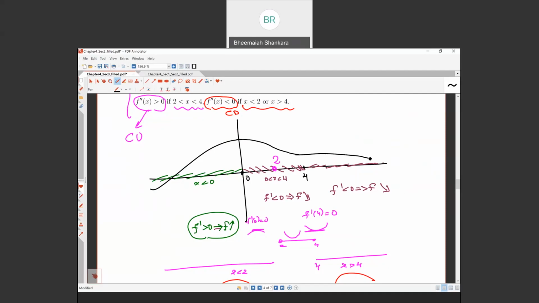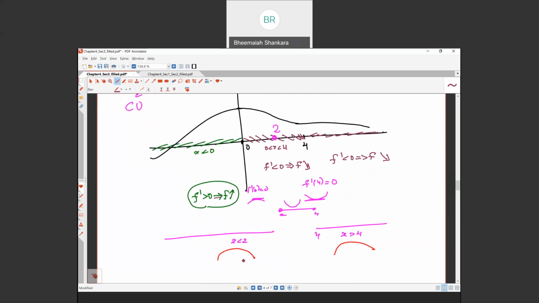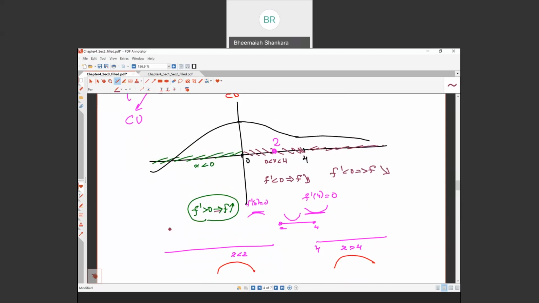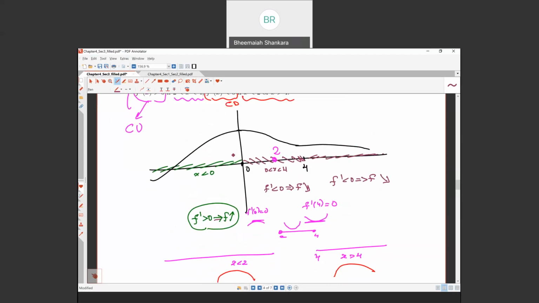But also when you finish drawing this with all the f prime definitions of function going up or function going down, you still want to compare with your f double prime definition and alter a graph little bit if required. So let's check our f double prime definition. For x less than 2, we should have concave up, and you are seeing a concave up. Sorry.